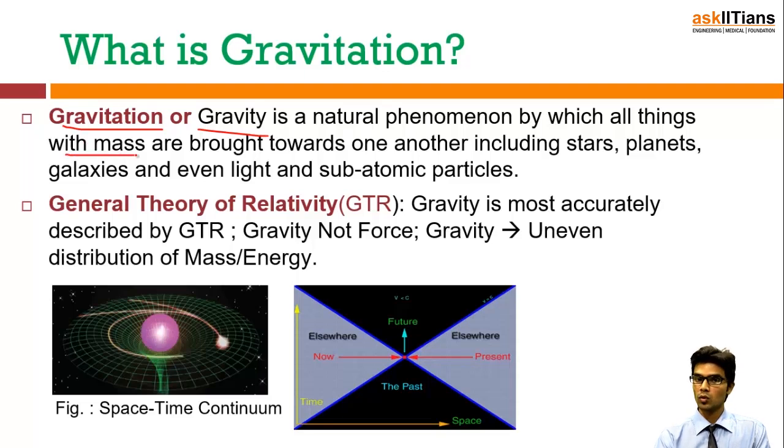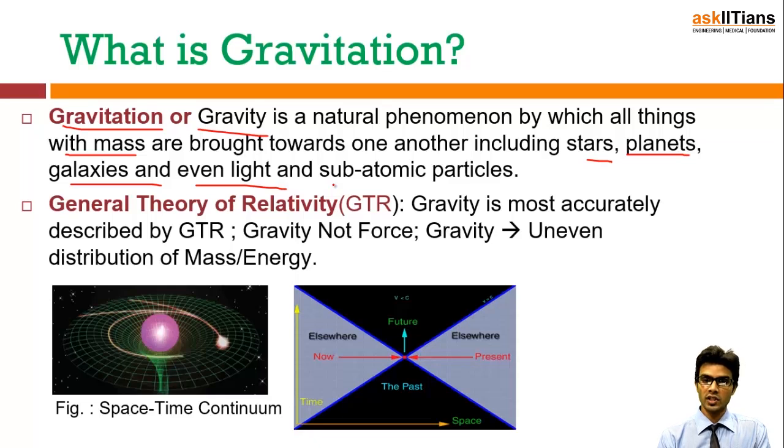Without mass there is no existence of gravitation. So mass is necessary for gravitation, and it is applicable to stars, planets, galaxies and even light and subatomic particles. That means gravitation is applicable to every particle of the universe having mass.